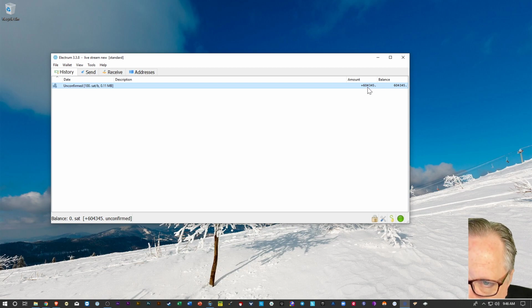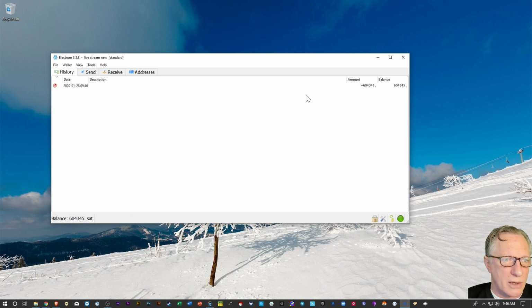I've got 604,345 Satoshis. So someday when Bitcoin is worth more, then a Satoshi might be more meaningful down there. It might say, okay, this is 10,000 Satoshis. All right. So we can set this wallet to measure in Satoshis.